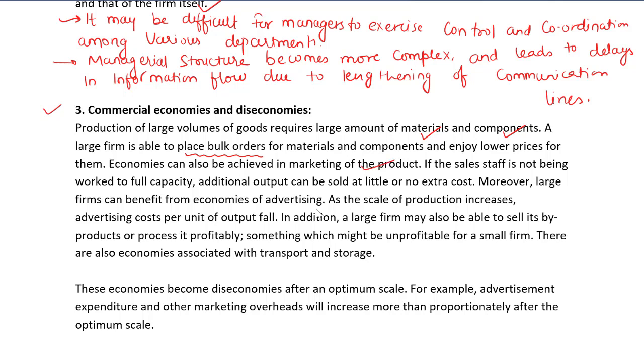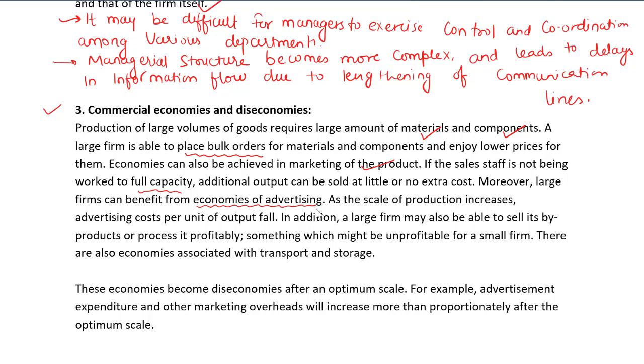If the sales staff is not being worked to full capacity, additional output can be sold at little or no extra cost. Moreover, large firms can benefit from economies of advertising because we need to do the advertising only once and all the stock could be sold in the market because we have ample stocks.